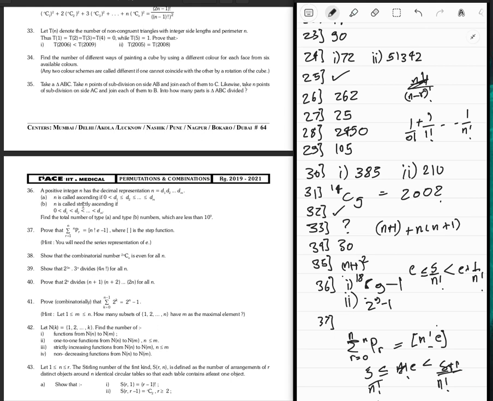Why is that the case? Okay, why is that the case? So e would be just 1 upon 0 factorial and stuff. Okay, fine. So 1 upon n factorial.